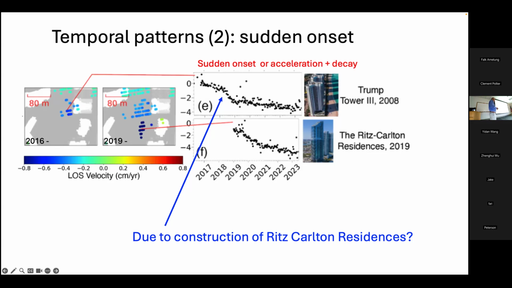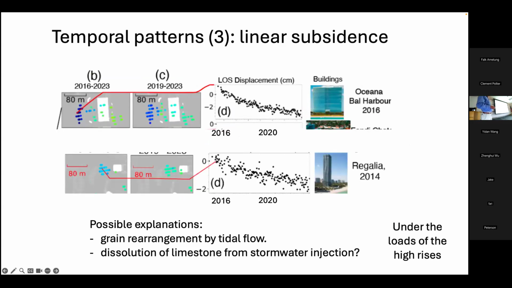So a possible interpretation here is that this acceleration is because of the construction of the Ritz-Carlton. But then we have also some buildings which show a linear subsidence. The Oceana, maybe not quite. Here it's exponential decay, but then it just seems to continue linearly. And the Regalia, it's not moving very much, a total of 2 centimeters, but it seems to be more linear.